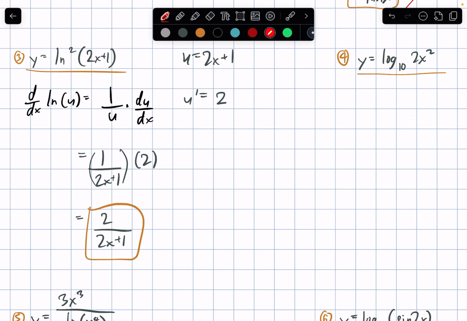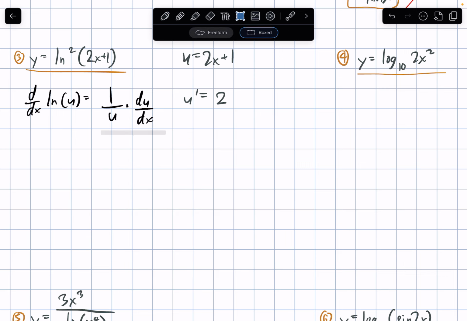Let me confirm if that's correct. Okay, so something's wrong. Let's undo. So apparently that's not the only thing that we're going to do.